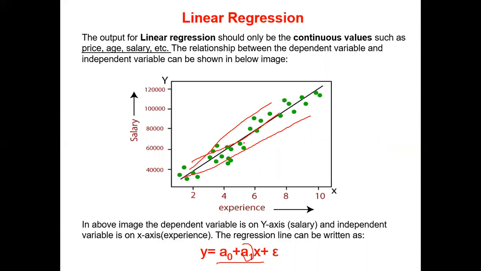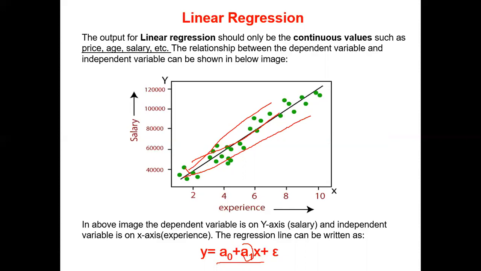If my line is a straight line, it is an example of a linear regression problem. My objective here is to minimize the error. Error means the distance between the data point and this line. The objective of the linear regression model is to minimize this distance between the data point and my line.